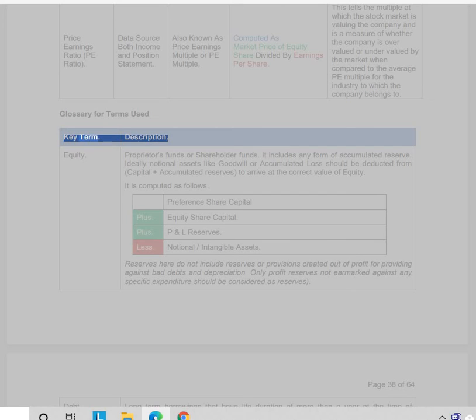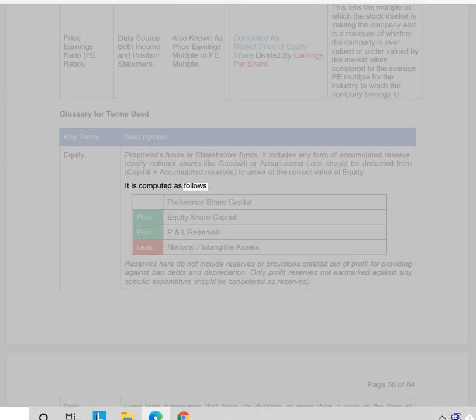Key term. Description. Equity: proprietors' funds or shareholder funds. It includes any form of accumulated reserve. Ideally, notional assets like goodwill or accumulated loss should be deducted from capital plus accumulated reserves to arrive at the correct value of equity.